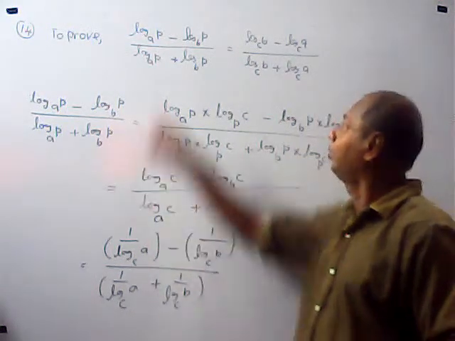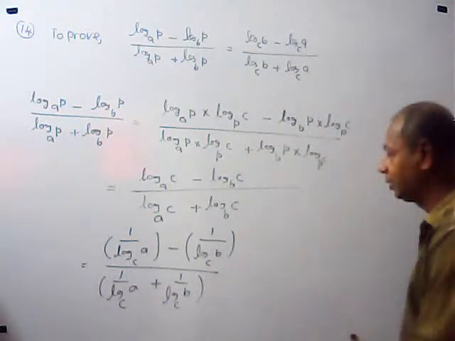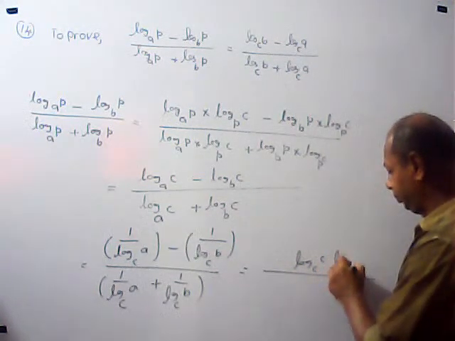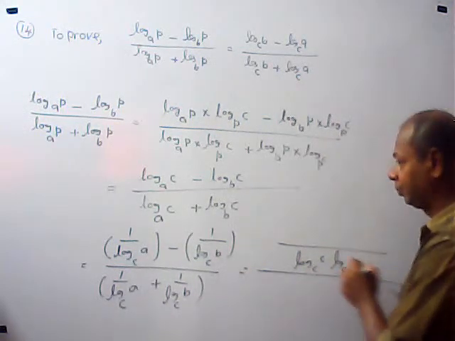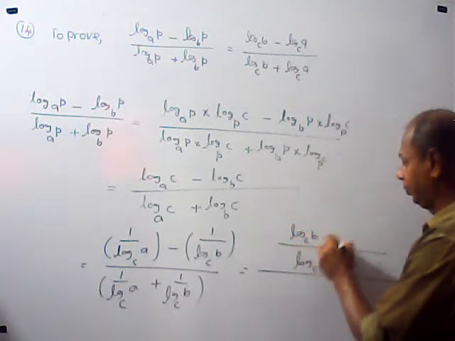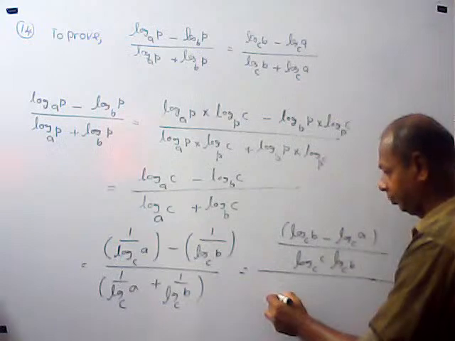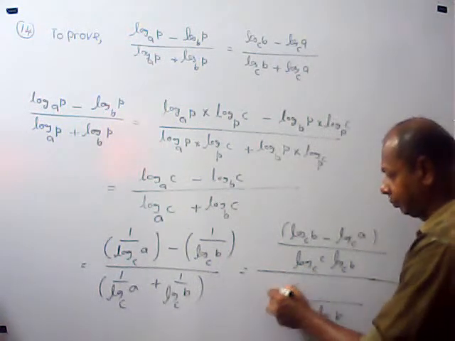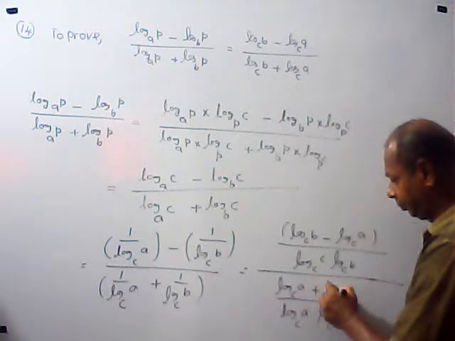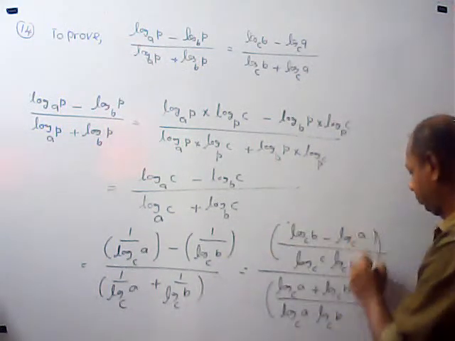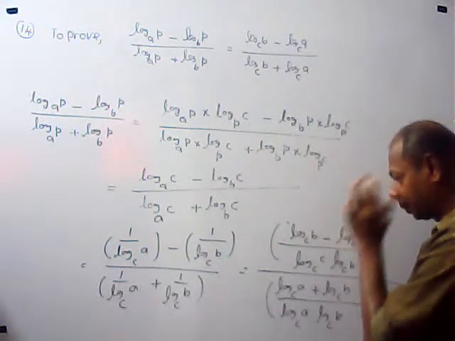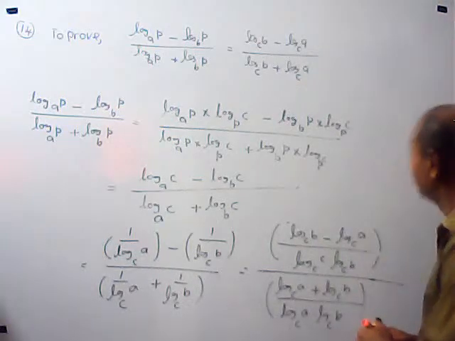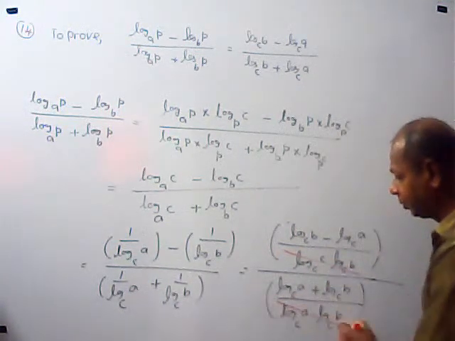When taking the common denominator, you can arrange these terms. And this will get cancelled, so you get the answer.